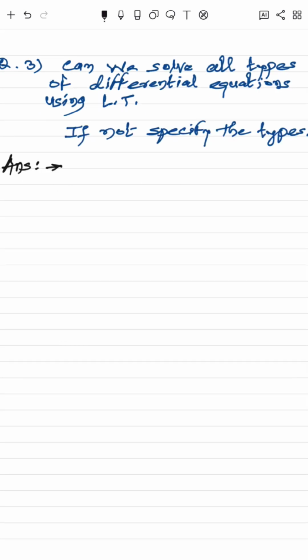Number 3. Can we solve all types of differential equations using Laplace transform? If not, specify the types.